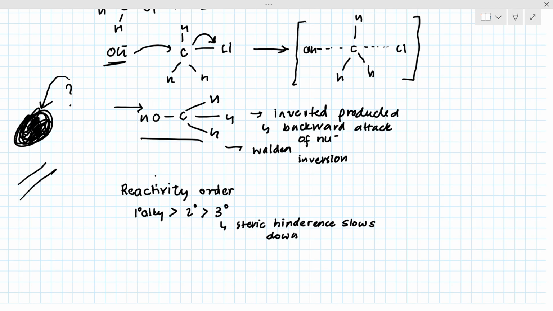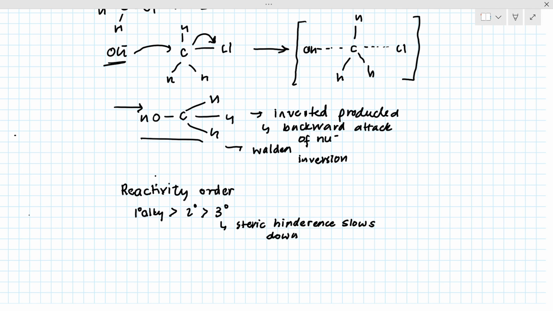But when the road is clear, with people scattered, it is easy for you to travel. This is how the SN2 mechanism also goes. If you keep bulkier groups, how will the nucleophile attack?